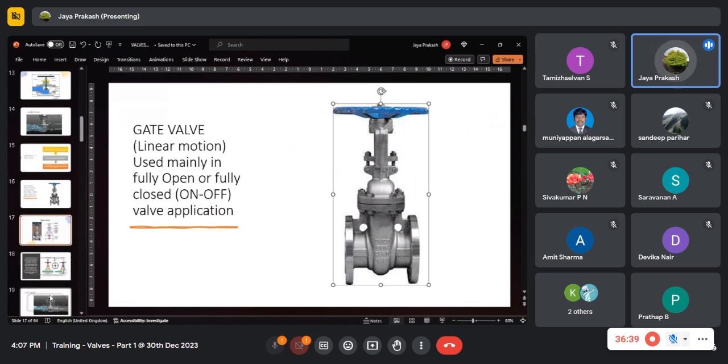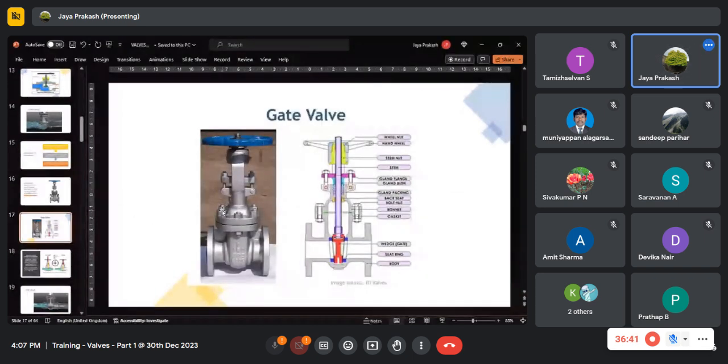The only thing is, instead of that plug, we have a wedge-like construction here, seated between these two seats. All other parts are almost the same, because there is a body and bonnet, gland packing, stem and handle.